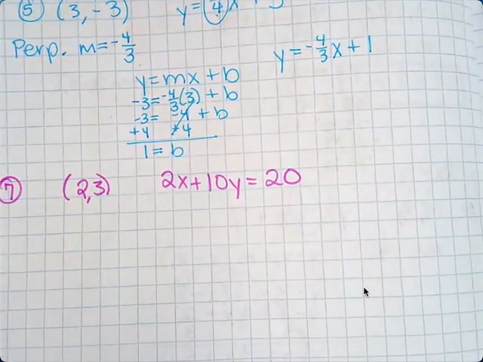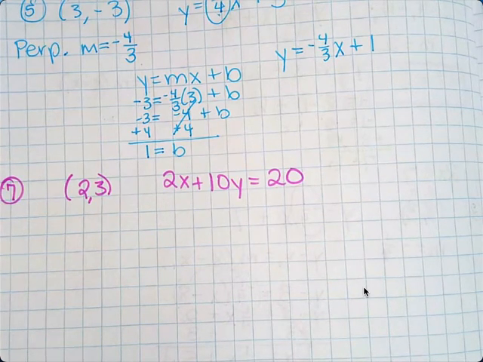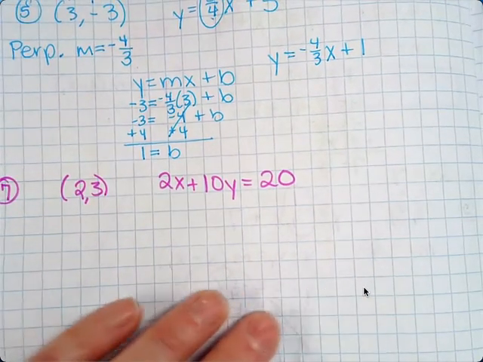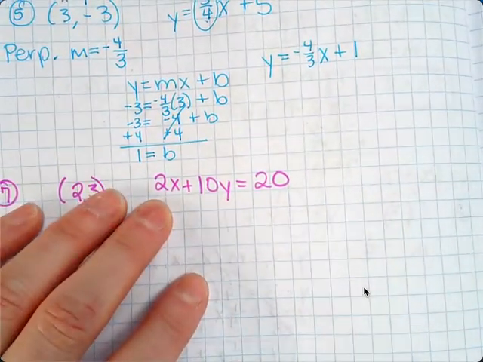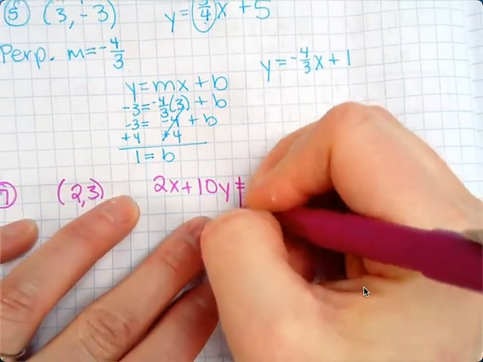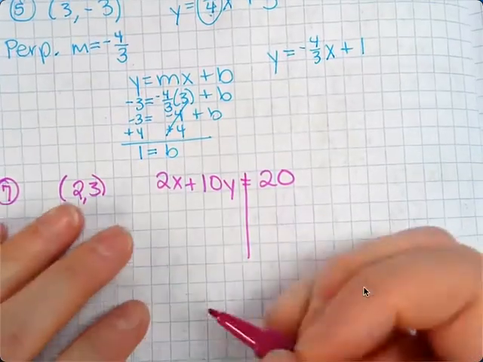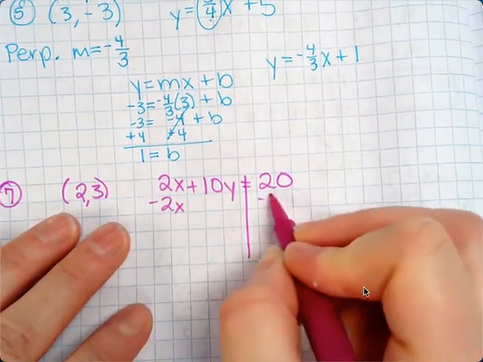We don't know what the slope is. So what do we have to do to find the slope? We have to solve for y. Subtract the x. We need y equals so we know what the m is. So minus 2x.